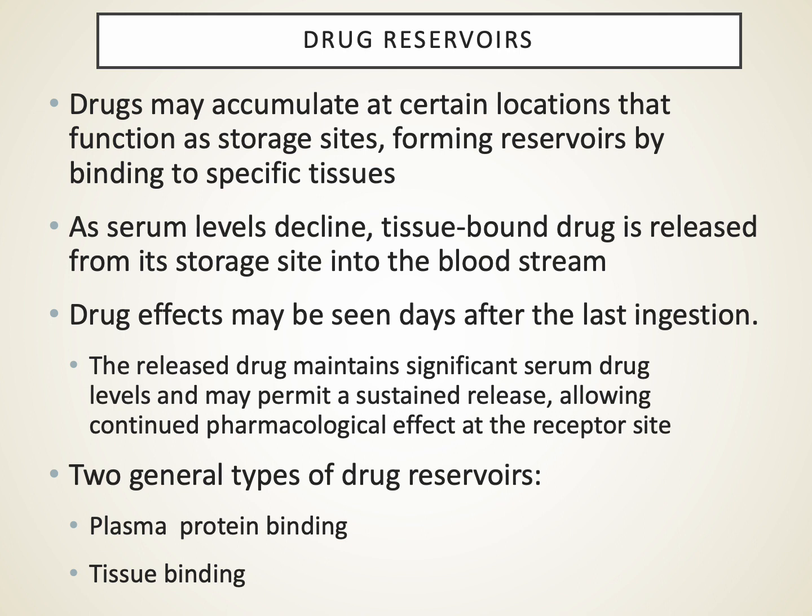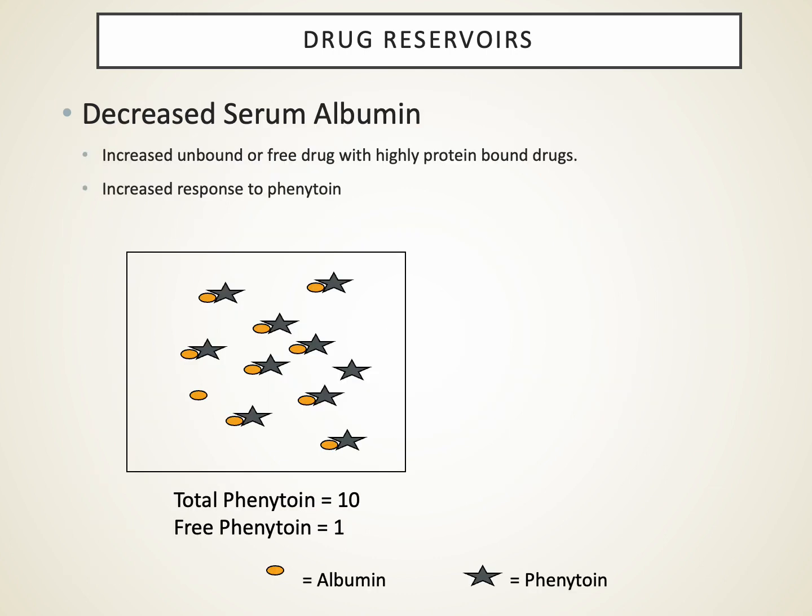The two protein areas where you'll see drugs bind are, first, proteins in the plasma, particularly albumin, and second, tissue binding sites, particularly protein binding sites in the rest of the body. Sometimes that's muscle, sometimes that's some other area of the body where the drugs bind and hang out as a reservoir.